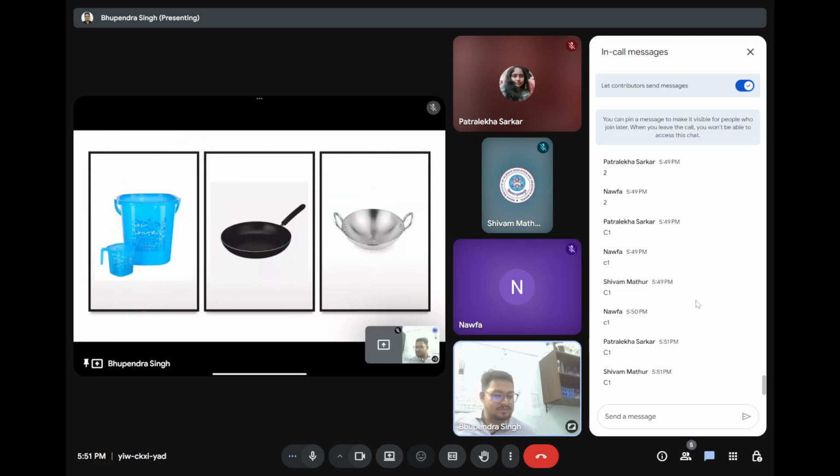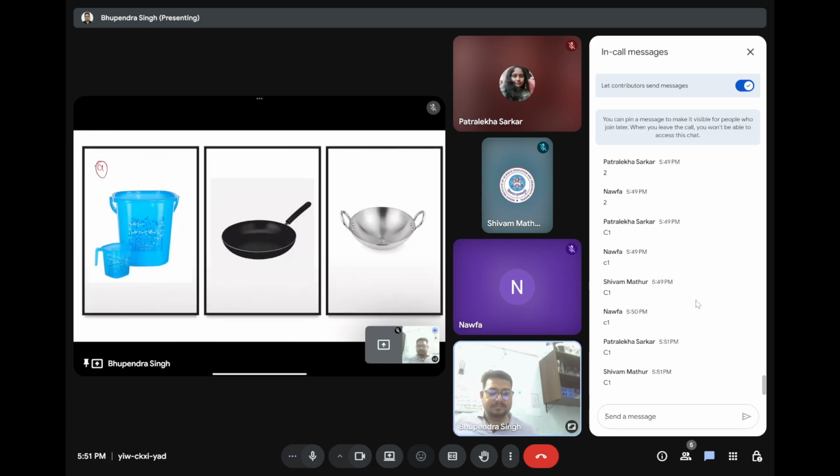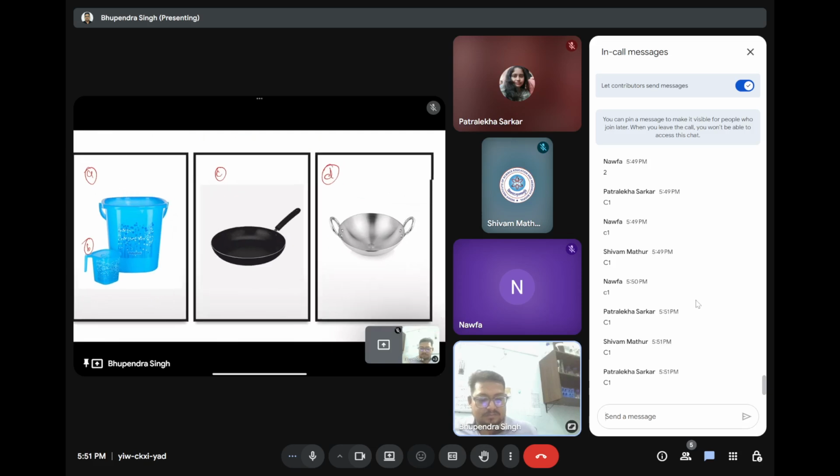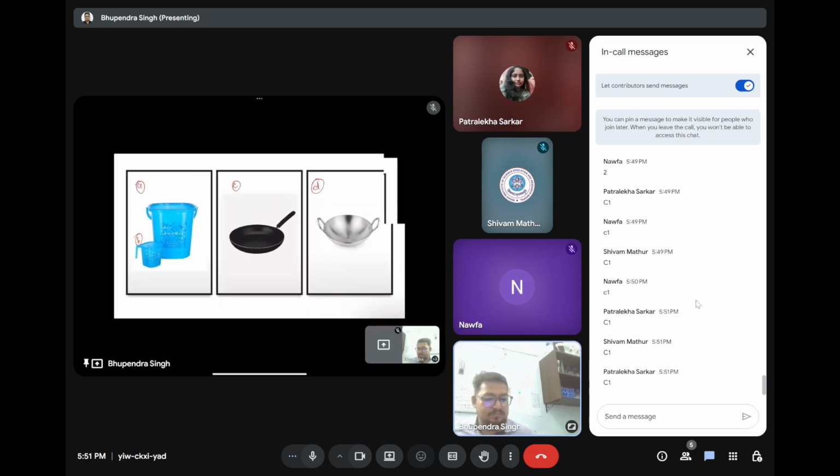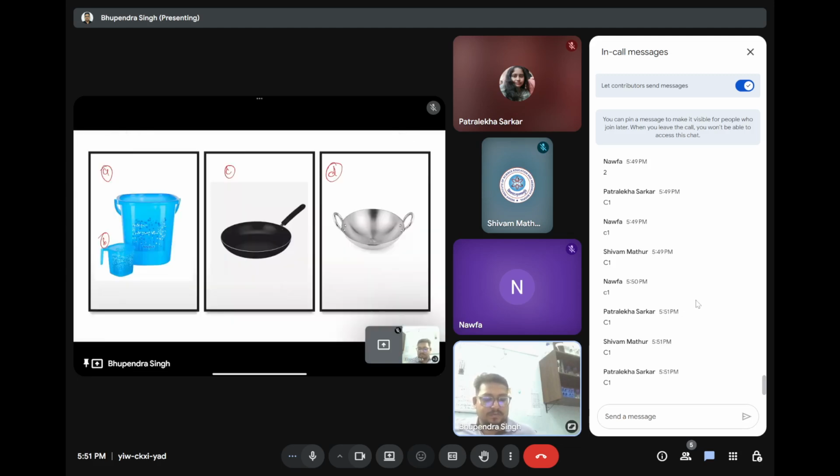Okay, similar to this point, tell me the point group of the bucket A and mug B, and C and D. For C1, so for A, the point group is C1.